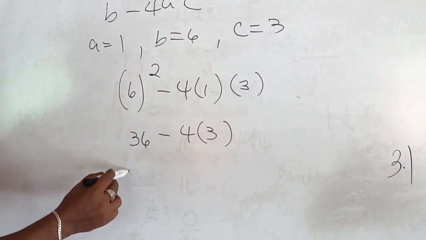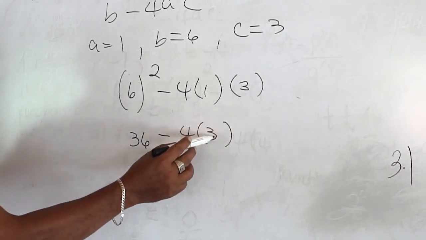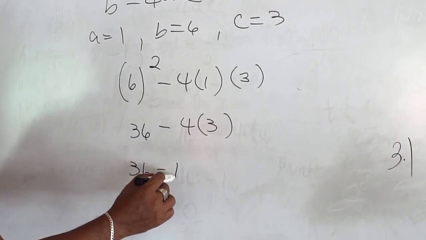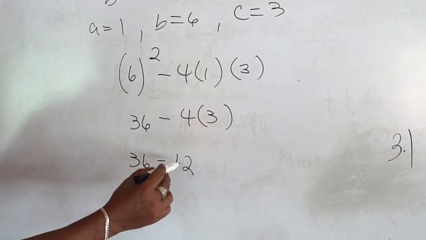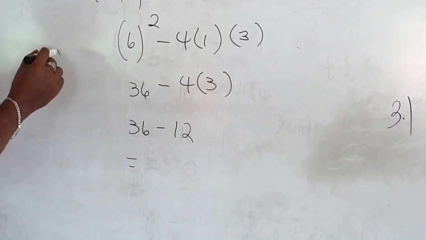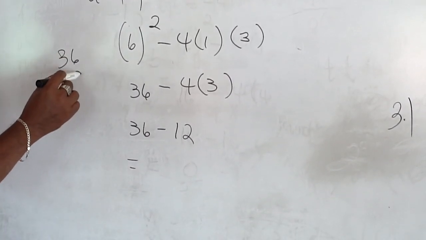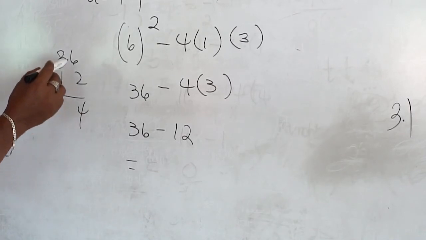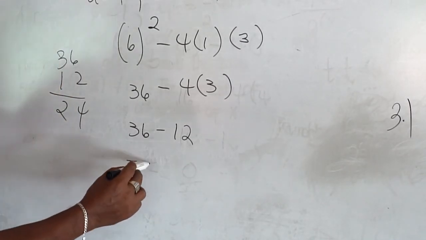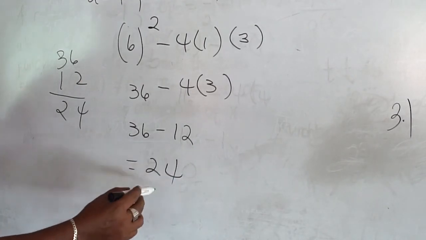Then solve. We have 36 minus 12, the result of 4 times 3 being 12. The answer is 24.